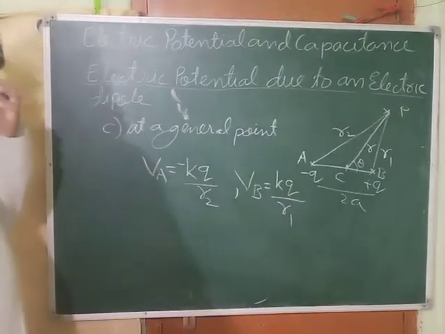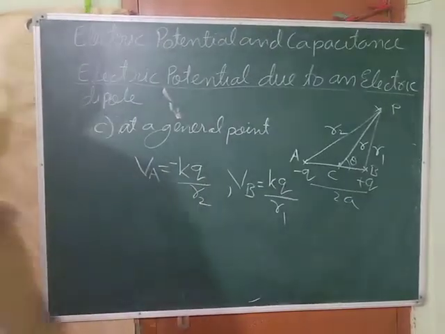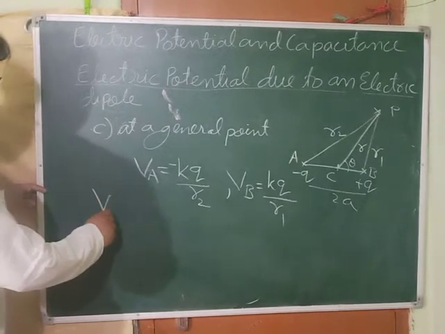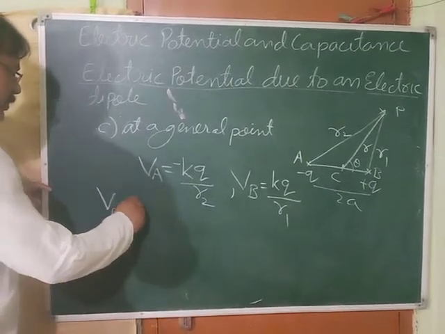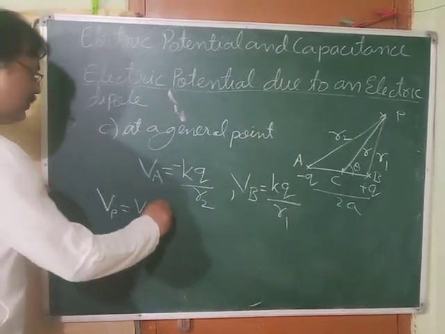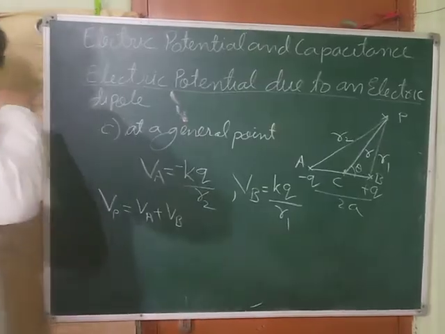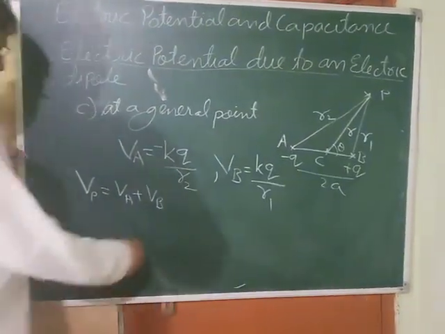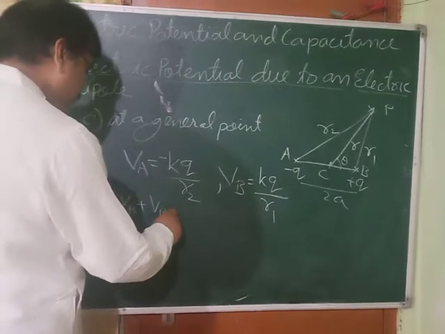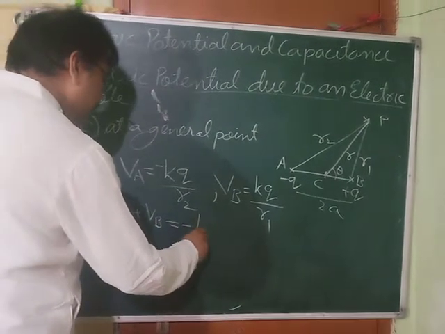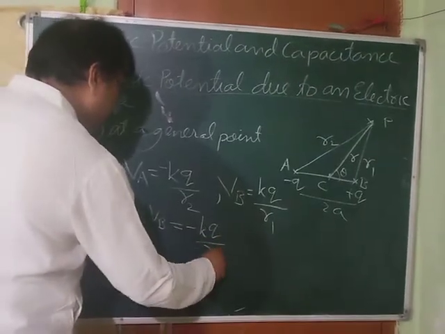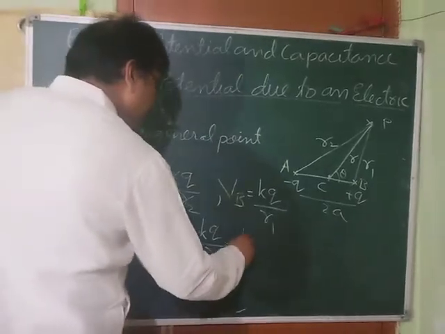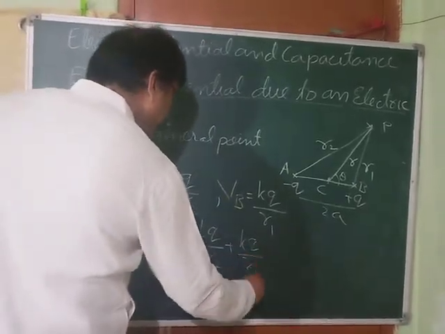Now, what is the total potential at point P? Total potential at point P is equal to VA plus VB. From here, we can write minus KQ upon R2 plus KQ upon R1.